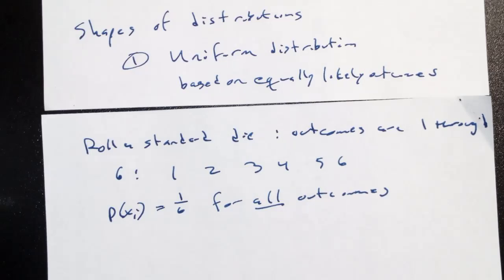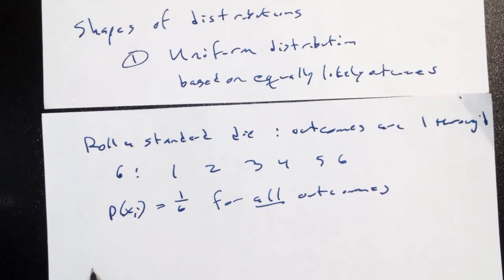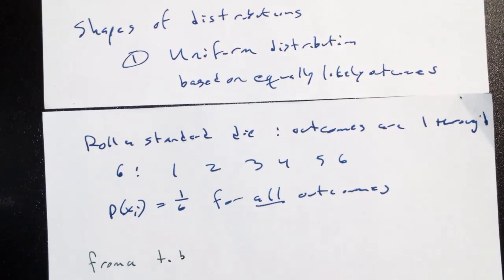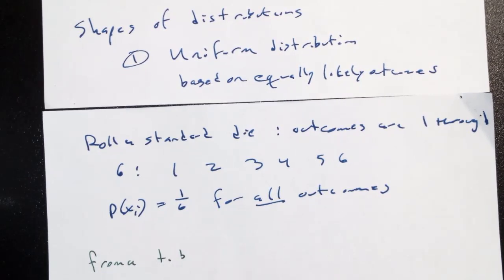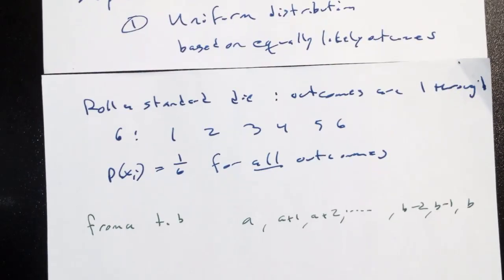In general, we're going to talk about a distribution from A to B, where A and B are just both numbers. So there's my list of outcomes going from A to B.